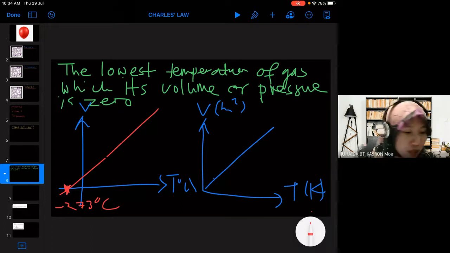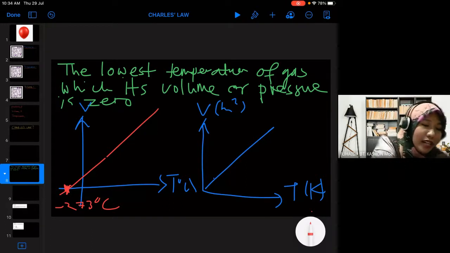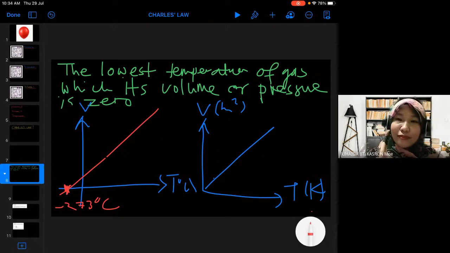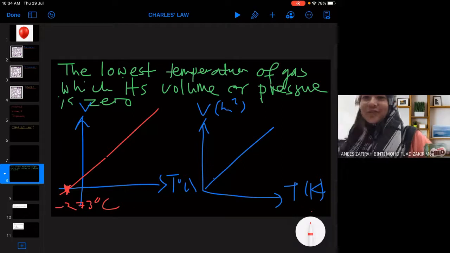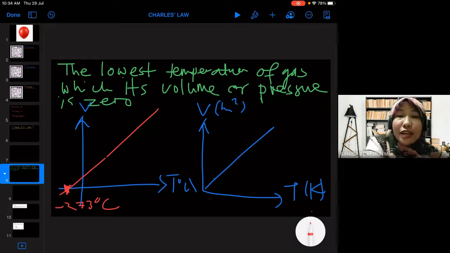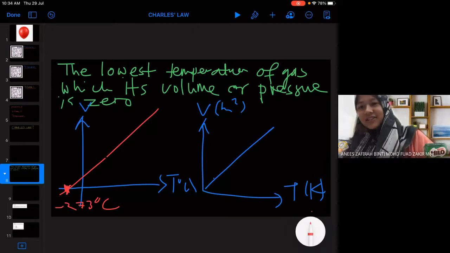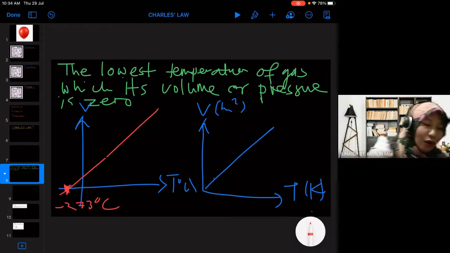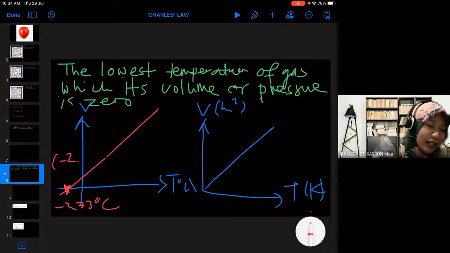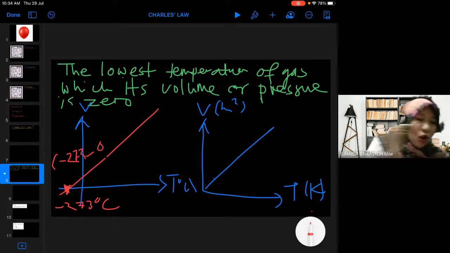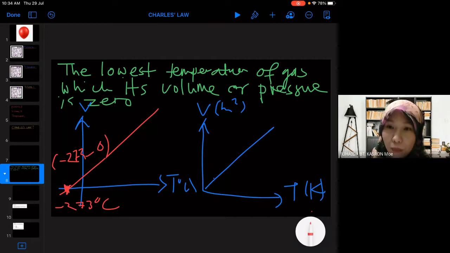So what is the coordinate here? Negative 273 Celsius, and 0. So the volume is 0.